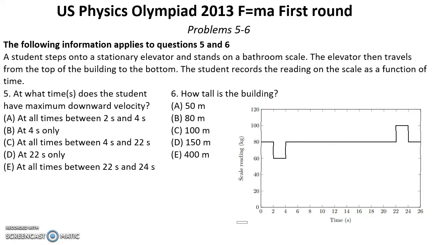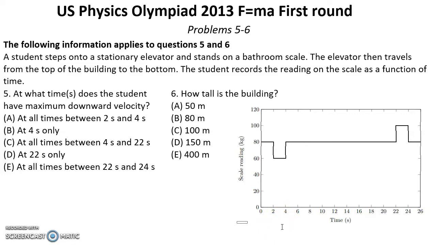Solution. As we can see from the picture, from 0 to 2 seconds elevator is not moving because reading of scales is the same as student's weight. But between 2 and 4 seconds reading is just 60 kilograms.